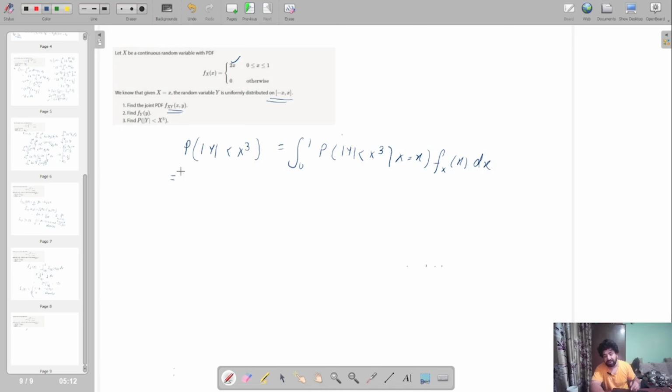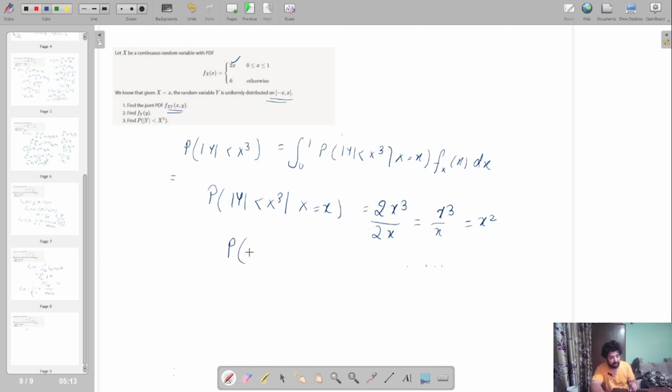So we can write this as P(modulus of y less than x cube given X equals x) as 2x cube by 2x. So this will come out to be x cube by x and then x square.